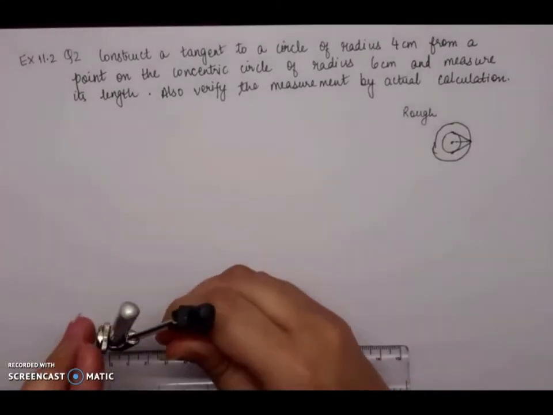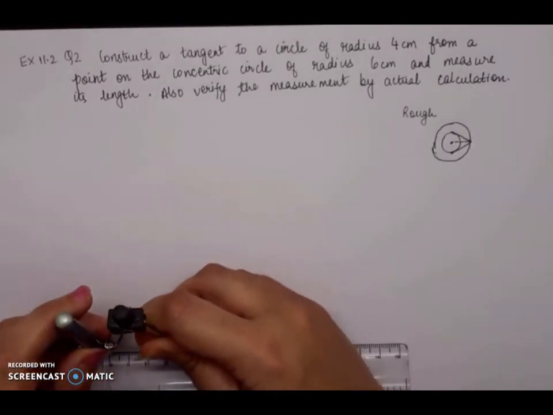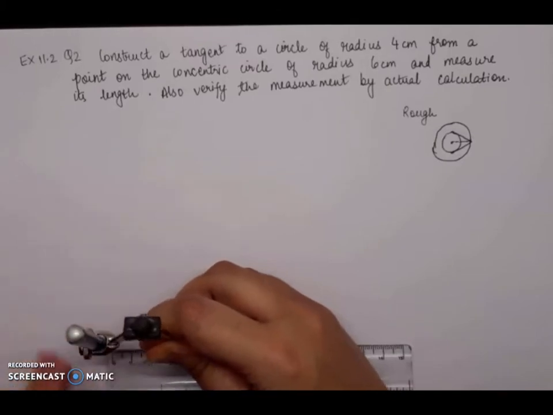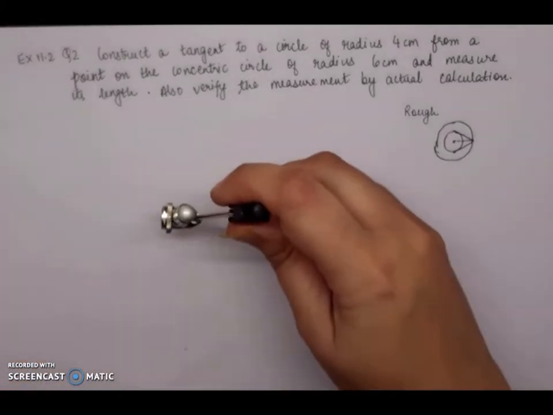So first we will measure 4 cm on the compass, and then draw a circle.